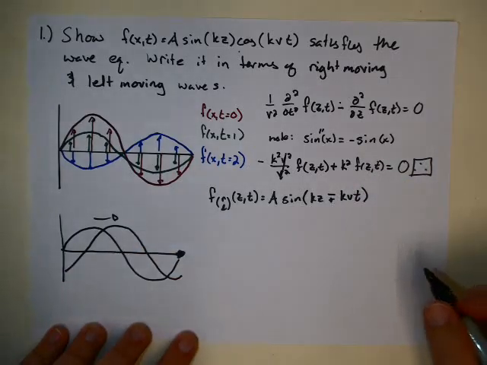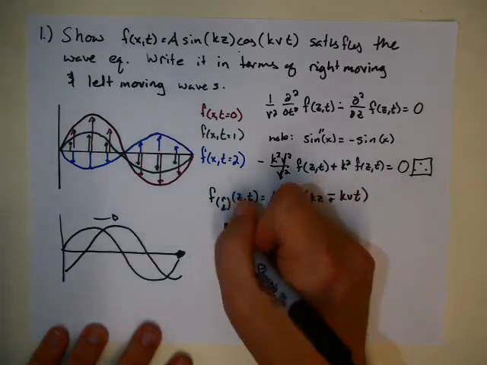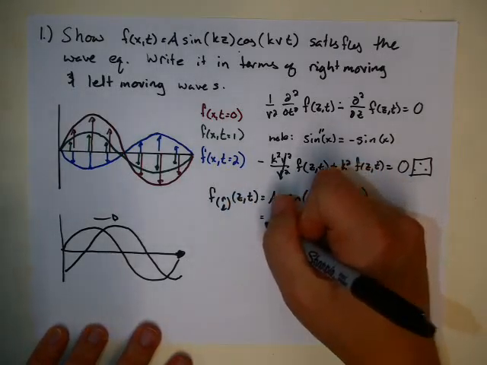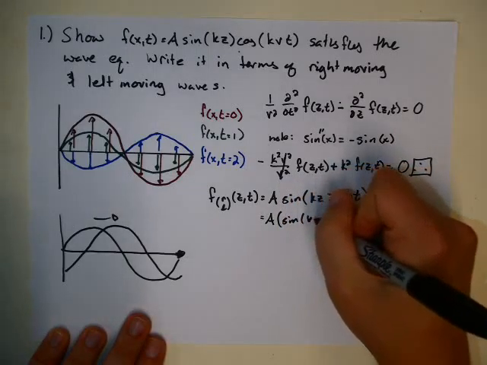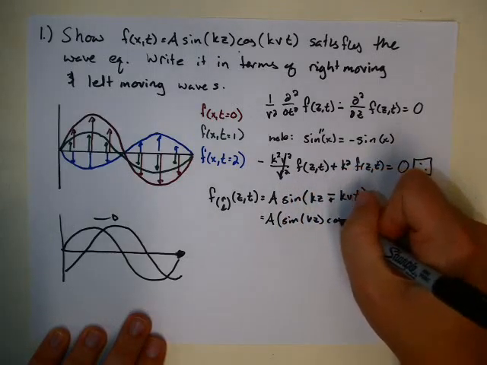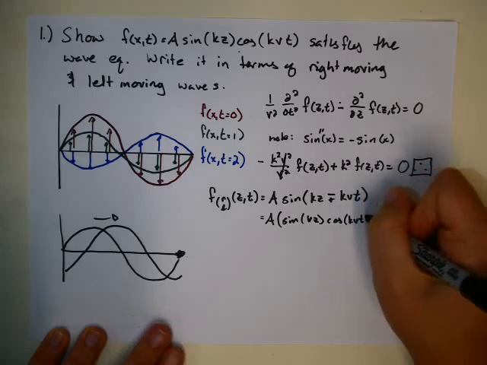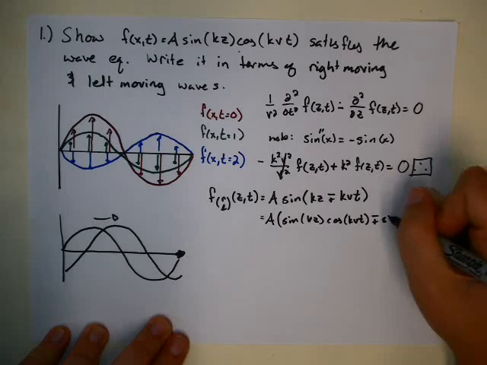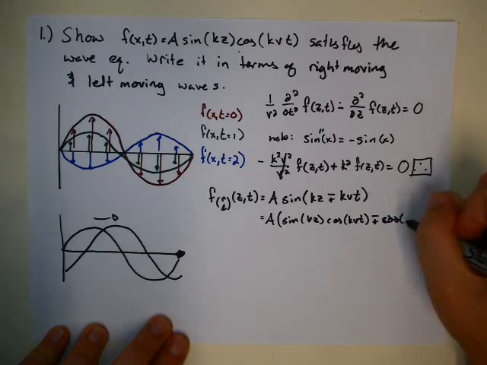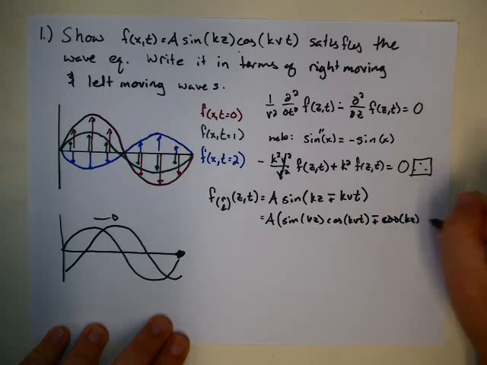I can use a trig identity to rewrite this as A times the quantity sine of kz cosine of kvt, that looks familiar, minus plus cosine of kz sine of kvt.